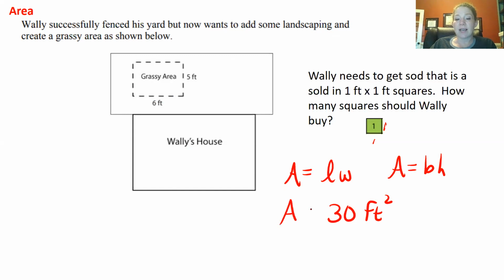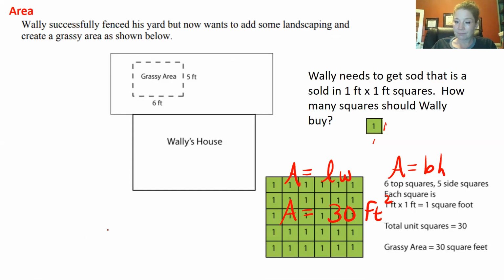So the area of this backyard grassy area is 30 feet squared, so he would have to buy 30 of these little squares of sod, which is what this tells us right here. So area is just base times height or length times width.